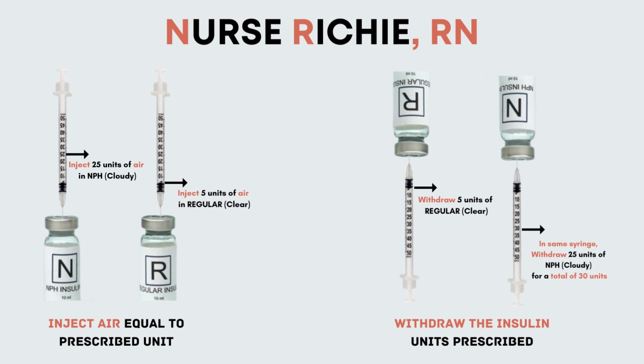So the first thing you do is put air in your NPH, so nurse, put air in your regular Richie, draw out your regular R, and then draw out your NPH N. Nurse Richie R N. That would always help you remember the order in which you should do this.